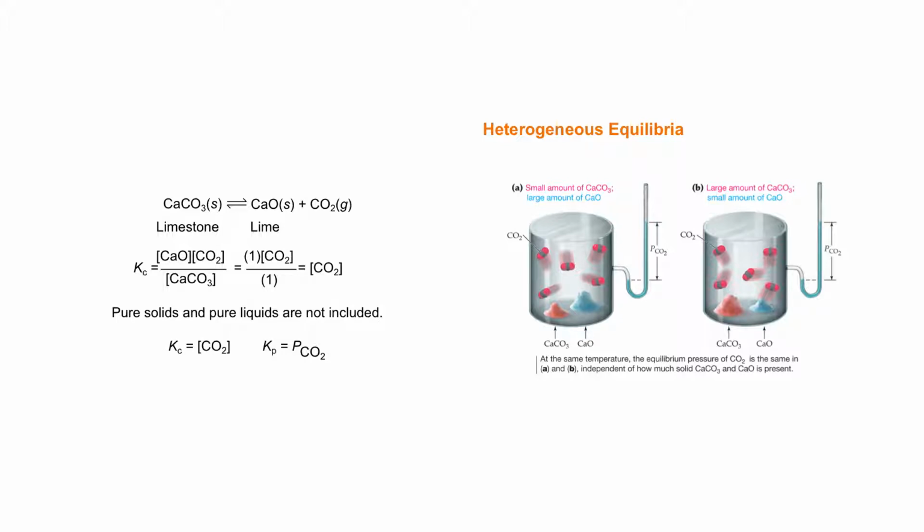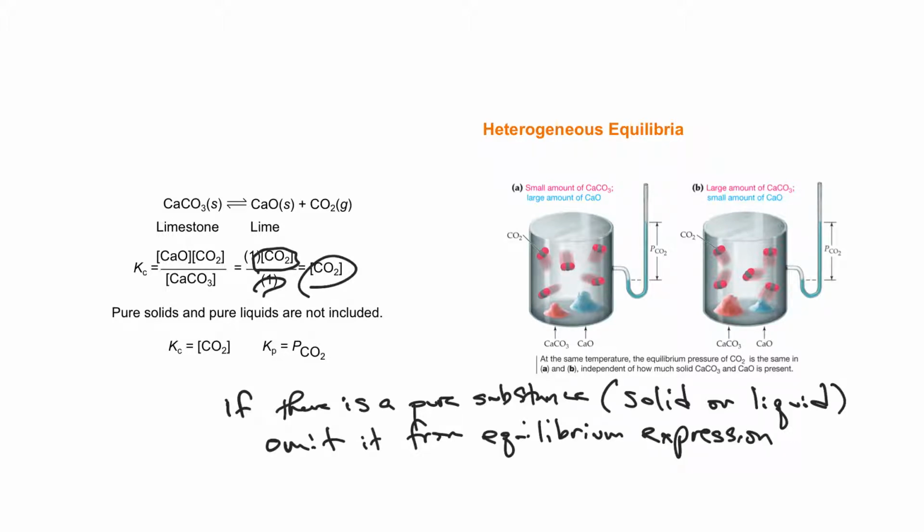So the equilibrium constant is equal to 1 times the concentration of carbon dioxide gas divided by 1, so it's just the carbon dioxide gas. The easier way to say that is, if you have a pure substance, either a solid, that's an S, you can see that easily on a balanced equation, or a liquid, L, then you're not going to include it in the equilibrium expression.